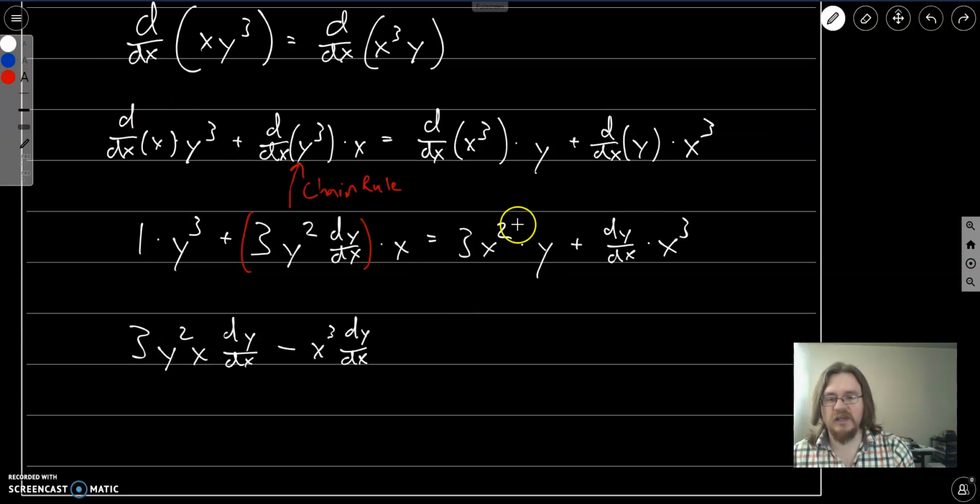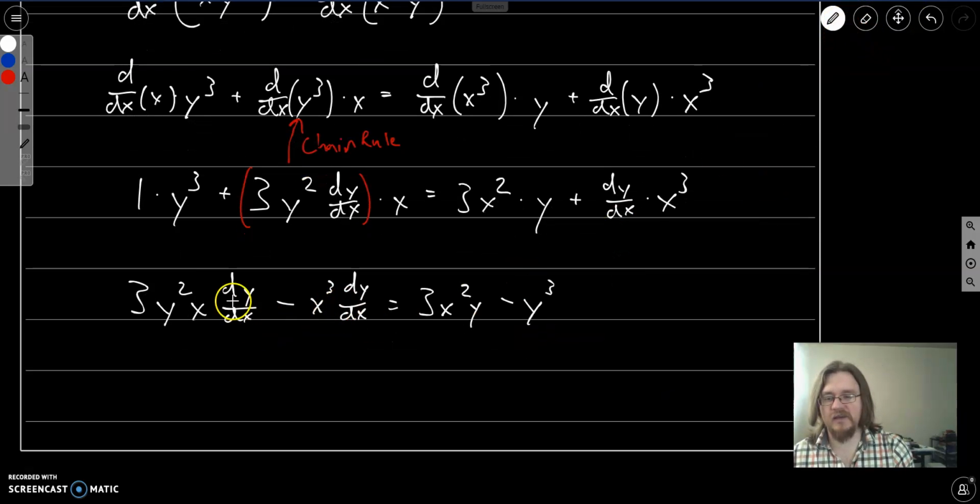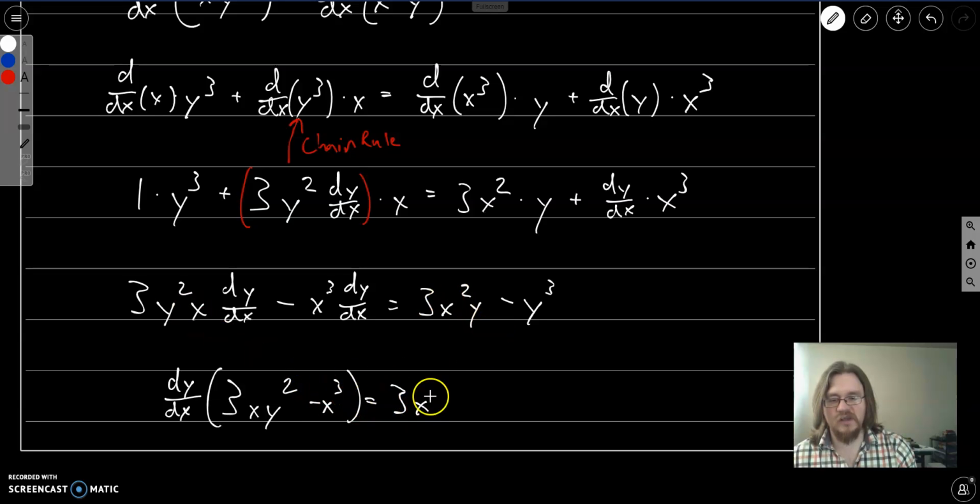And then I'll do the same with the terms without a dy dx. So here I have 3x squared y, and I'll take this last one and I'll subtract, 1 times y cubed is just y cubed, and I'll subtract y cubed. And if I factor out the dy dx, I have a 3, I'm going to put all my x's in front of my y's, just to be consistent, it doesn't matter. 3xy squared minus x cubed, and that's going to be equal to 3x squared y minus y cubed.